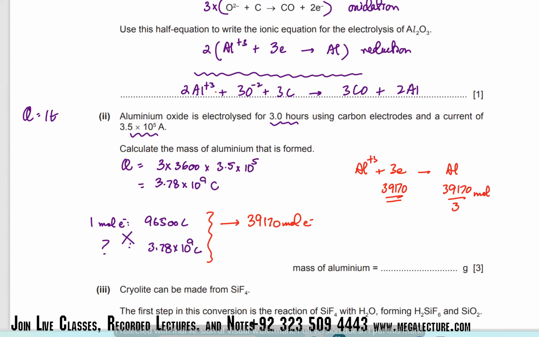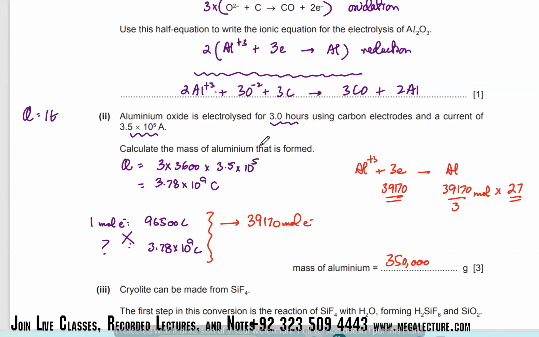So how do you convert moles to mass? It's going to be multiplied by the Ar, which is 27. So work out the mass. What mass do we get for this? It's 350,000 grams.